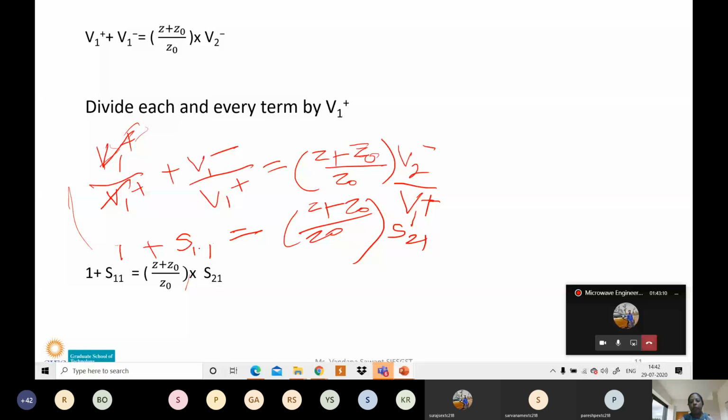Z divided by Z plus twice Z0. This was your S11 value. So we'll put this value of S11, then Z plus Z0 divided by Z0 into S21 will be your equation. All of you got till this point?